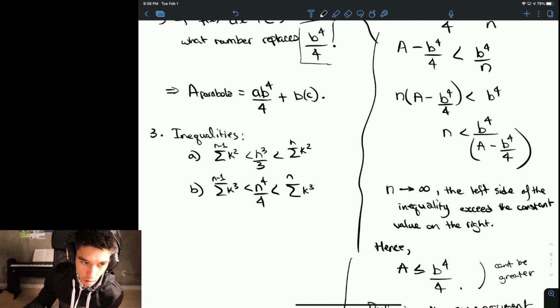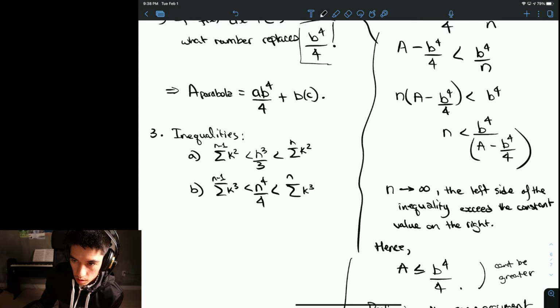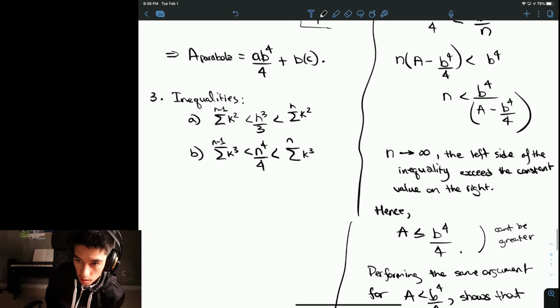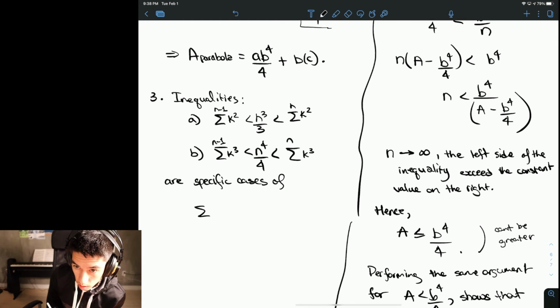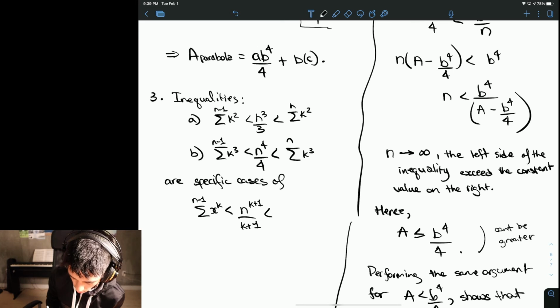So given these two inequalities, it says that these are general or specific cases of this: the sum from 1 to n minus 1 of x to the k is smaller than n to the k plus 1, I'm assuming over k plus 1, which is smaller than the sum up to n of x to the k.